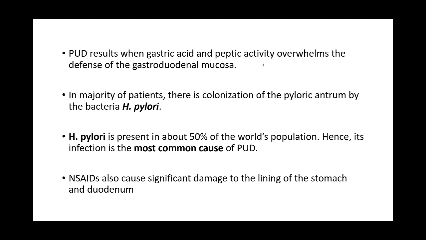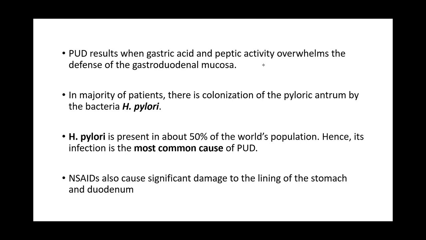And this erosion can go deep to involve the submucosa and even deeper layers. And it might even lead to perforation of the part of the bowel that is involved.